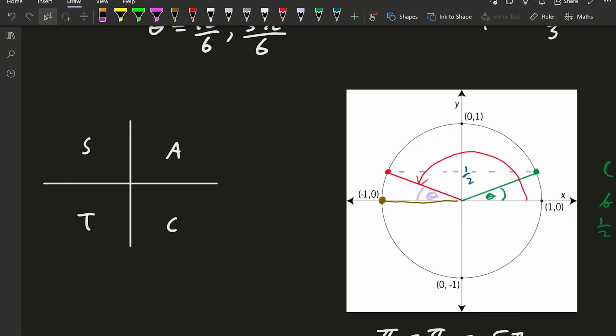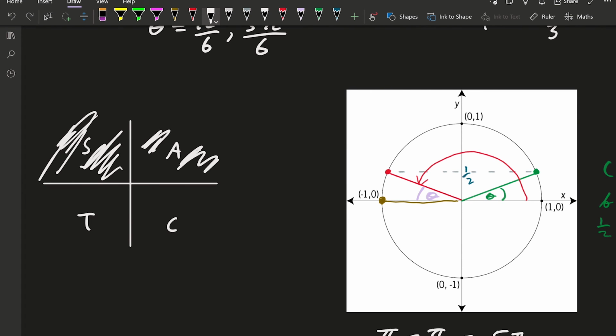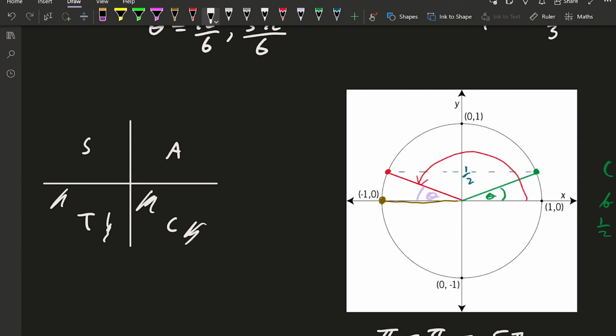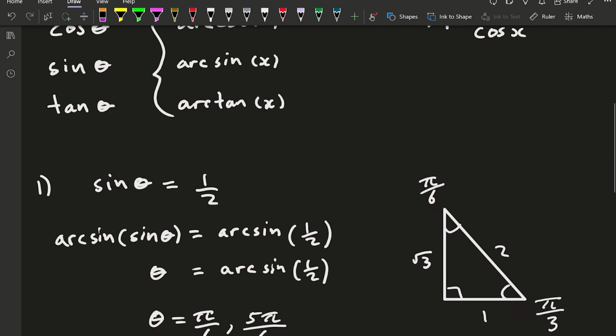So that means our two angles must be in the quadrants where sine is positive, and from the CAST diagram we see that it's positive in this quadrant and it's positive in this quadrant. So we would know from the get-go that we wouldn't be getting angles in either of these two quadrants.